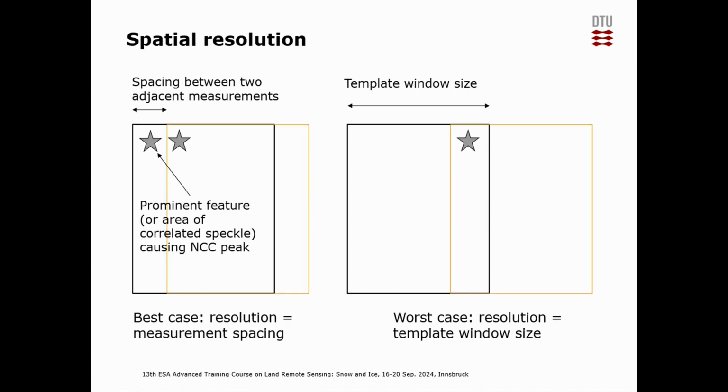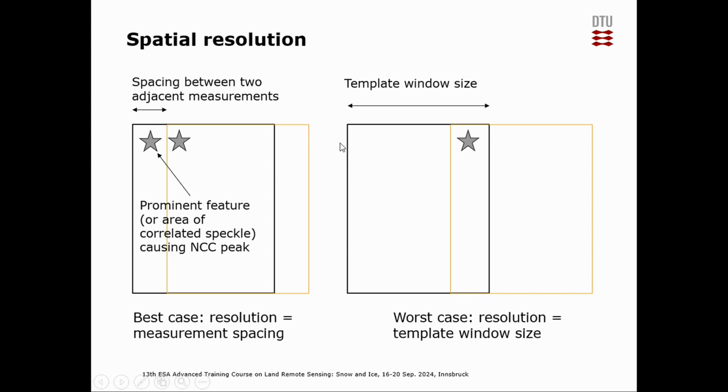And these choices will also influence the resolution of our measurements. It's a bit tricky, because if I do feature tracking, I could be lucky, and I place a window here, I track a feature. Next, I move it, there is another prominent feature, and I track it. I have two independent features which I've tracked. But I could be unlucky. I could get stuck on a feature.